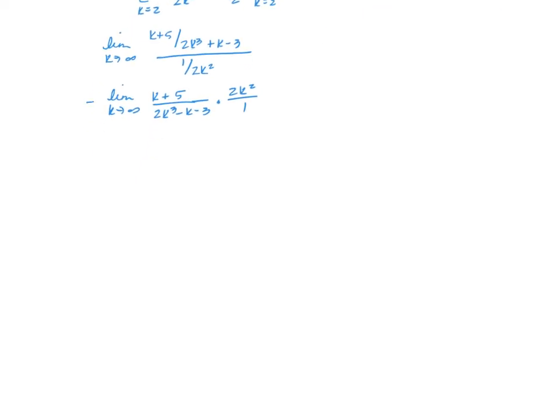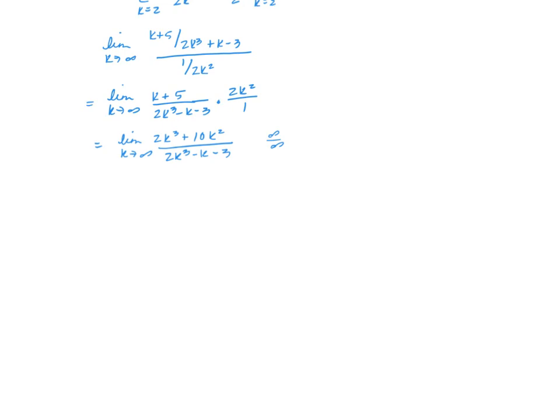Okay, now multiplying through, I get this limit of 2k to the third plus 10k squared over 2k to the third plus k minus 3. So at this point, when you take the limit, it's going to be infinity over infinity. And you have a choice.